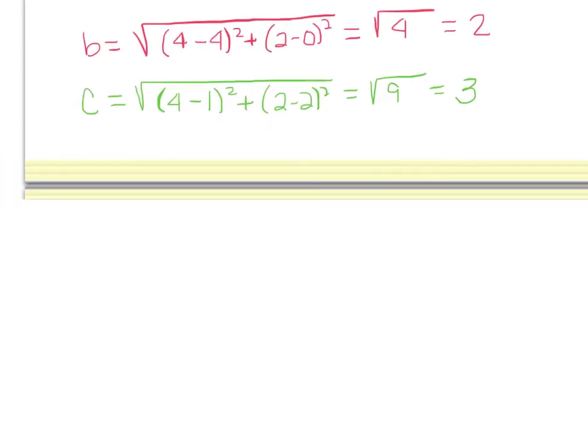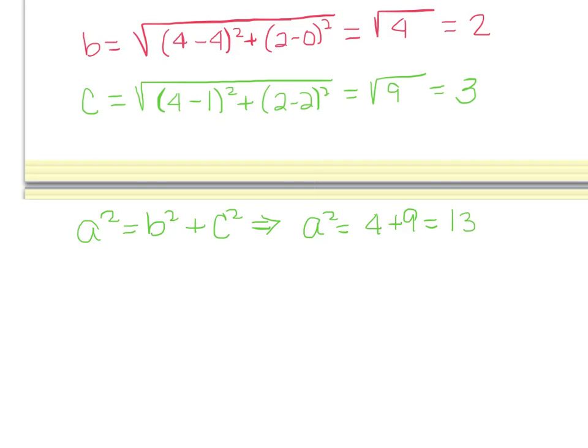And I can find a by using the equation that a squared is equal to b squared plus c squared. So this tells me that a squared is equal to 4 plus 9, or 13. So now that I know what a is, b is, and my center point, all I have to do is plug my points into the standard form of the equation.